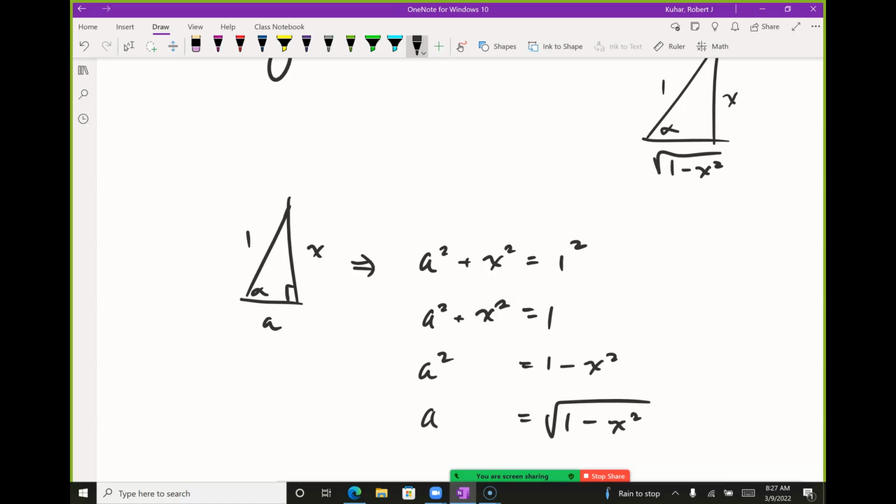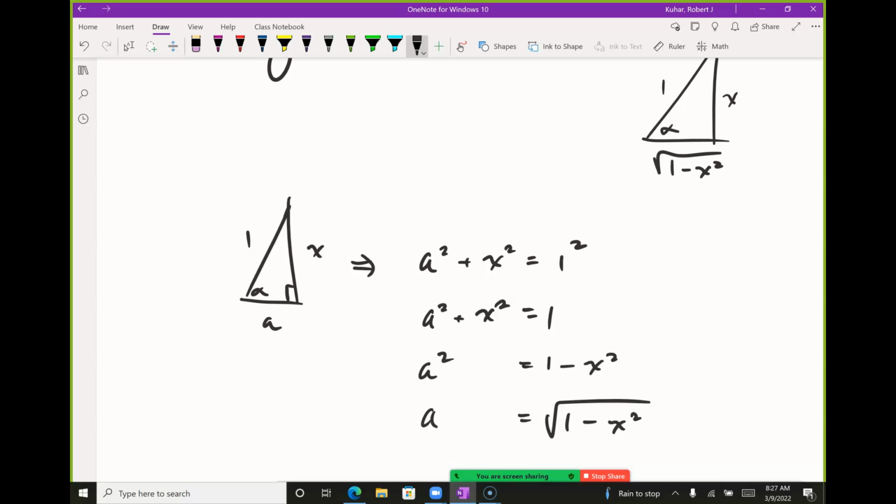When I take a square root, I need a plus minus, but you should kind of know that. You should know that all of my trigs and inverse trigs all happen in quadrant 1.